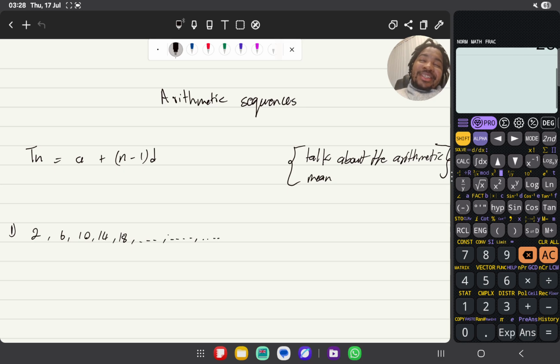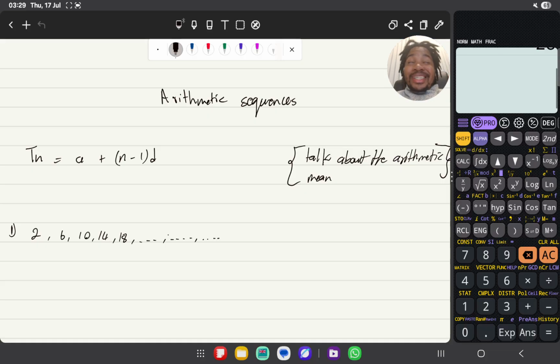Arithmetic sequences is exactly the same thing as your linear number patterns, or a linear sequence, we can say. Everything is the same. You have a pattern which increases or decreases by a constant number, so the pattern increases or decreases by the same number all throughout.